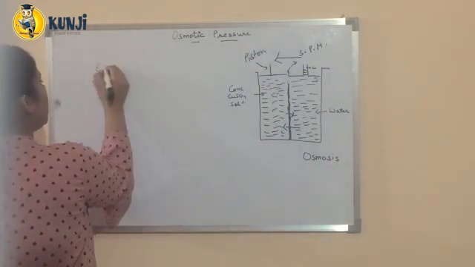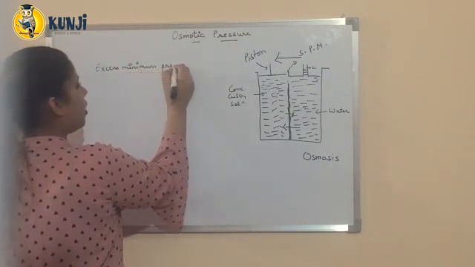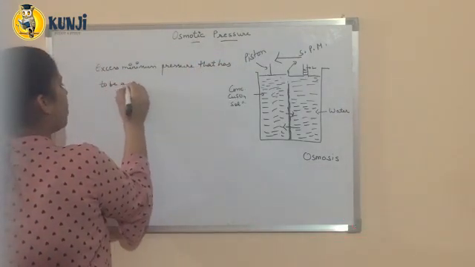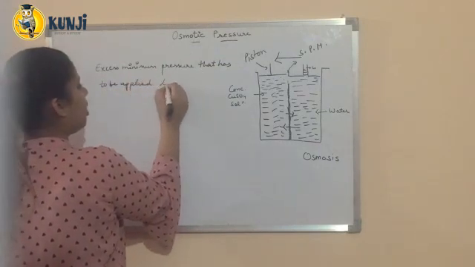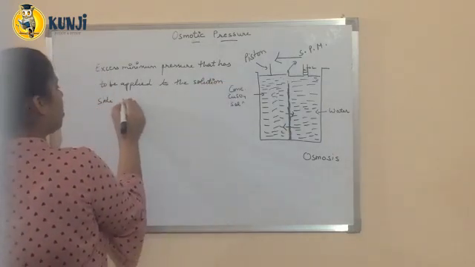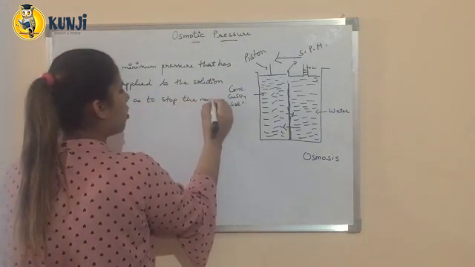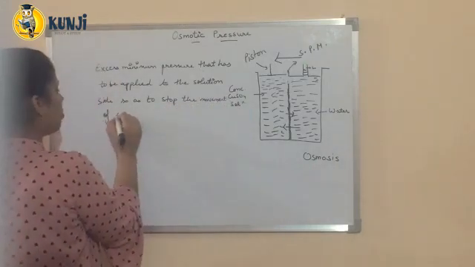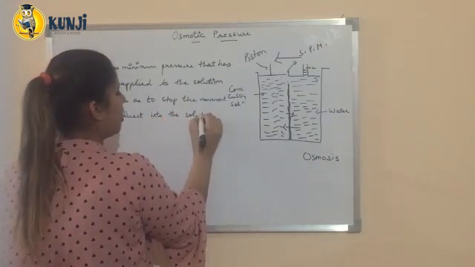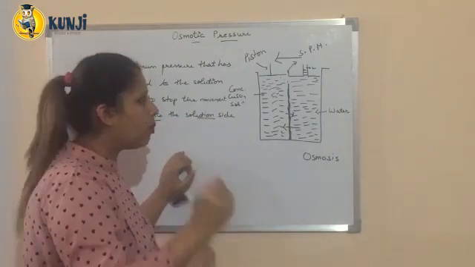So it is defined as the minimum excess pressure that has to be applied to the solution side so as to stop the movement of solvent into the solution side. This is known as osmotic pressure.